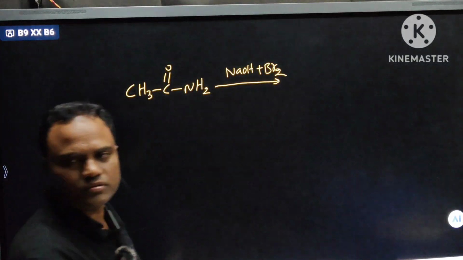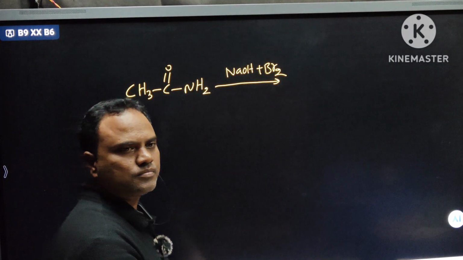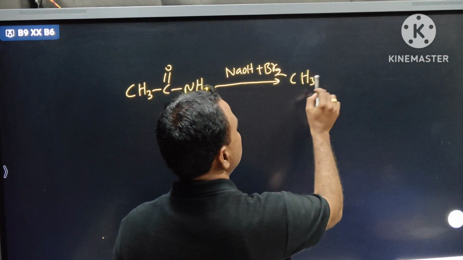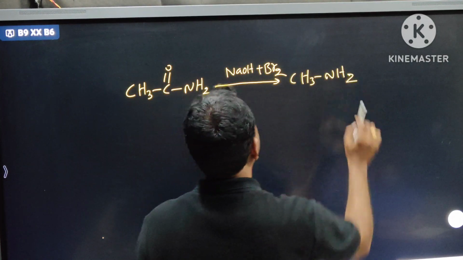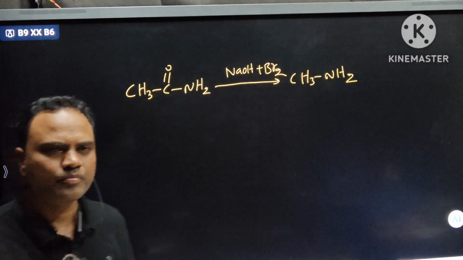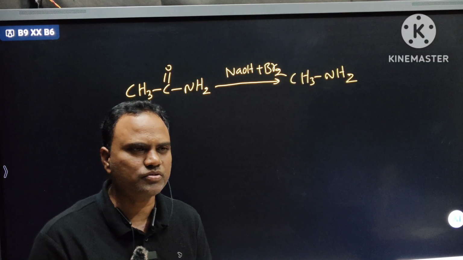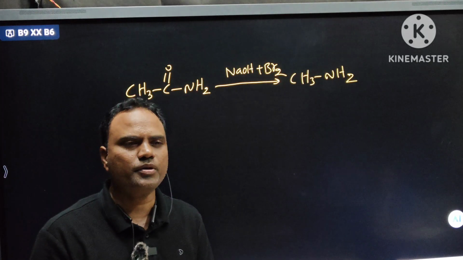What is the name of the reaction? CH3NH2. In the last class only, you did amines. Preparations of amines. Hoffmann bromamide reaction.